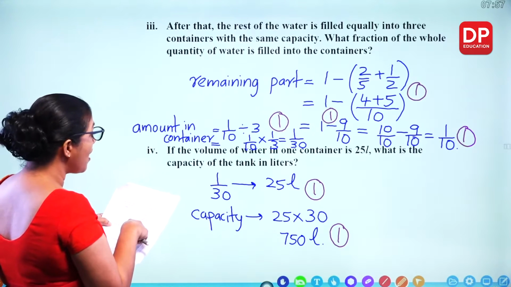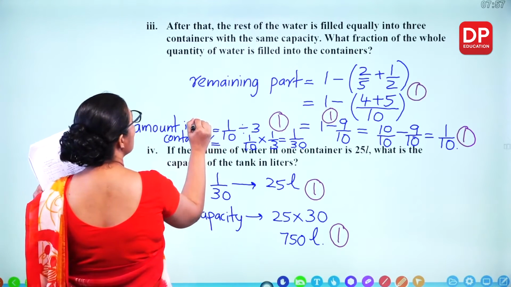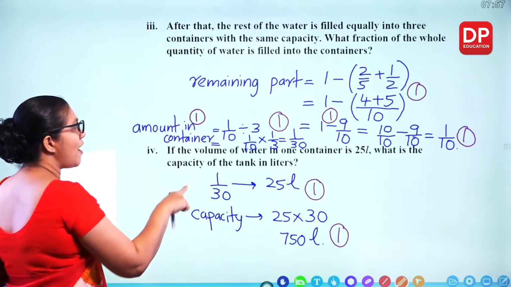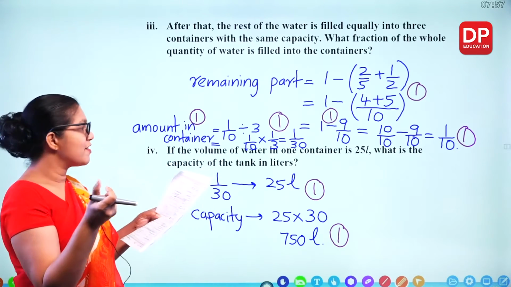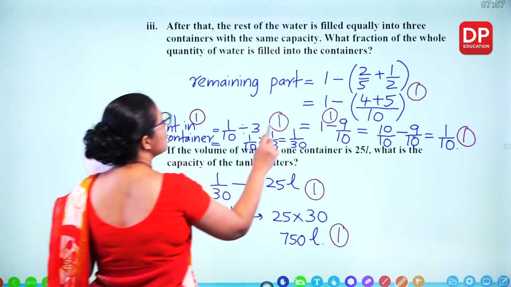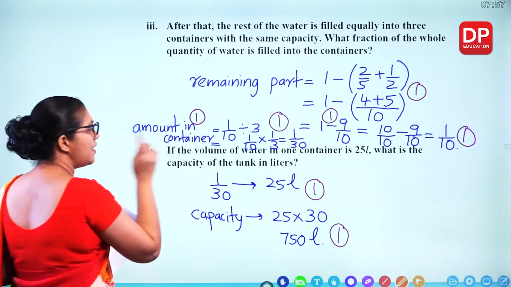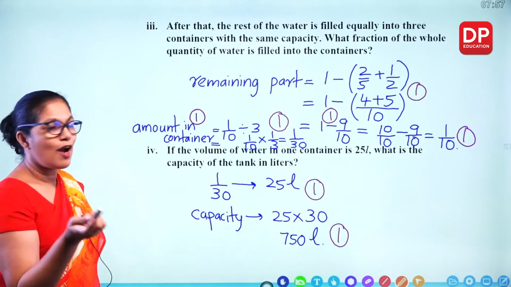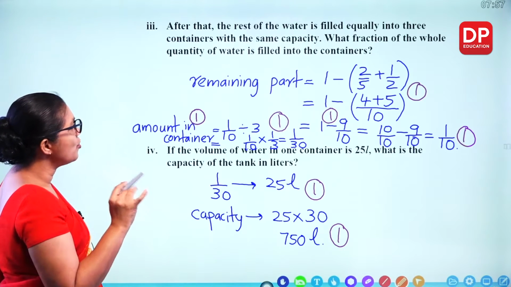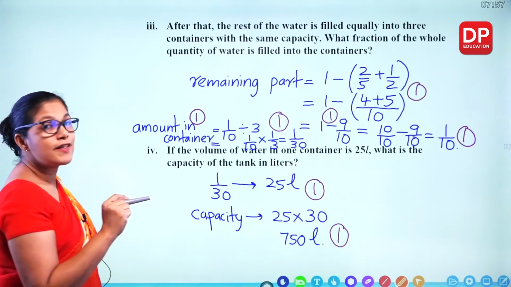And here 2 marks for this part as well. Another 1 mark here. Divide by 3 and then taking the reciprocal, 1 mark. So 1, 2, 3, 4, 5, 6, 7, 8, 9, 10. So now it's correct, 10 marks. That's how you get marks for the first question.